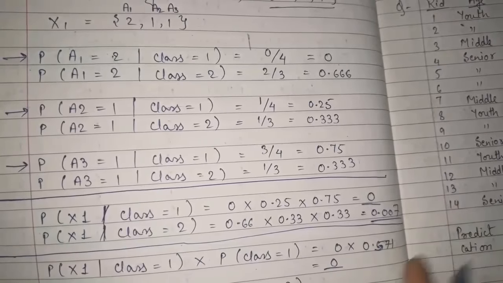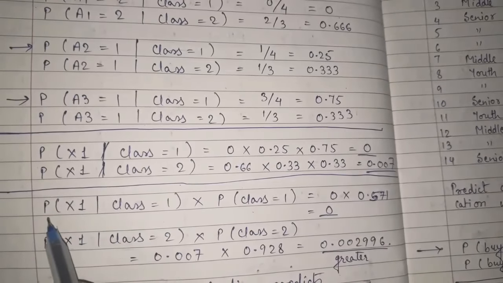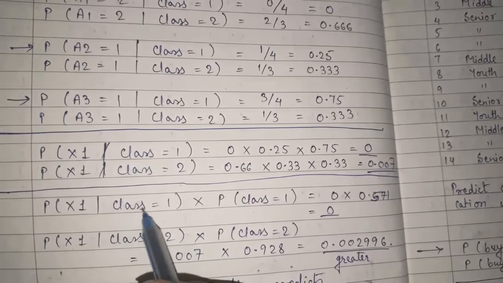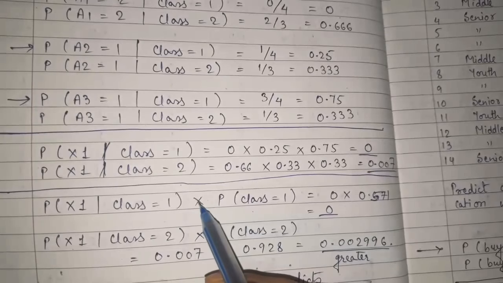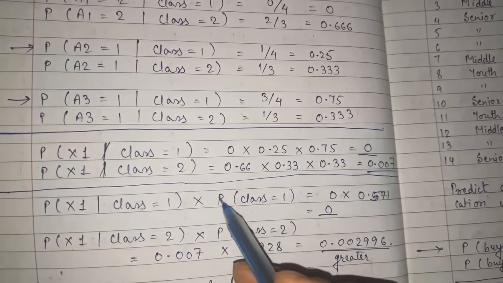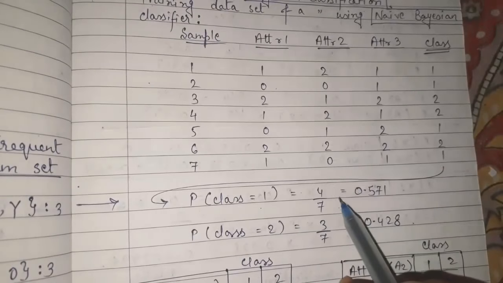Now we have the last step. I have the probability of x1 given class equal to 1, and now I want to multiply that with the probability of class equal to 1. What are the probability of class equal to 1 and class equal to 2? We have already found them in our first step.